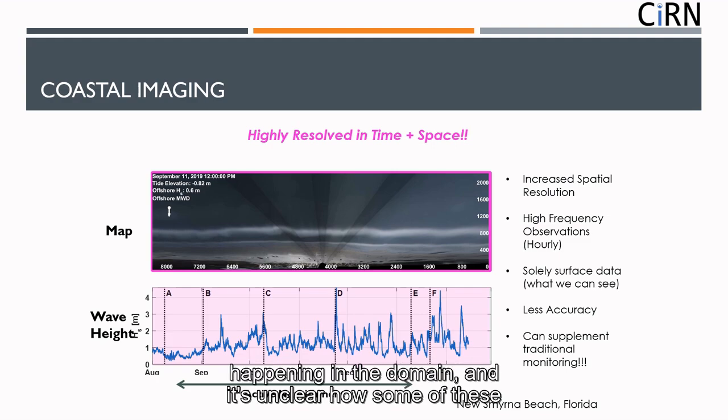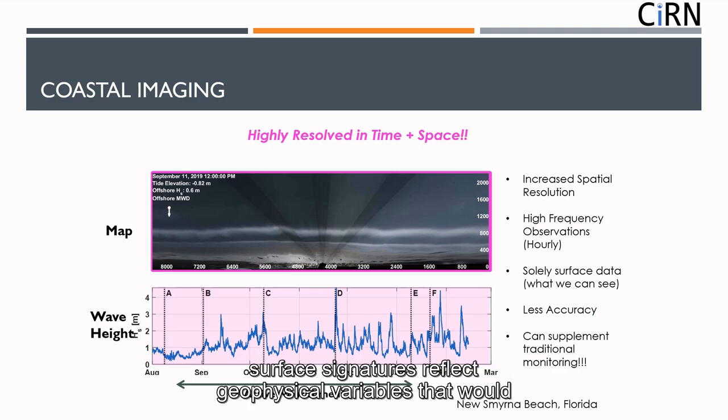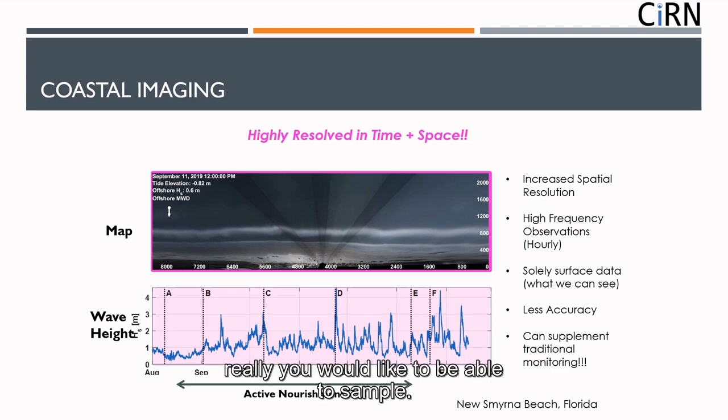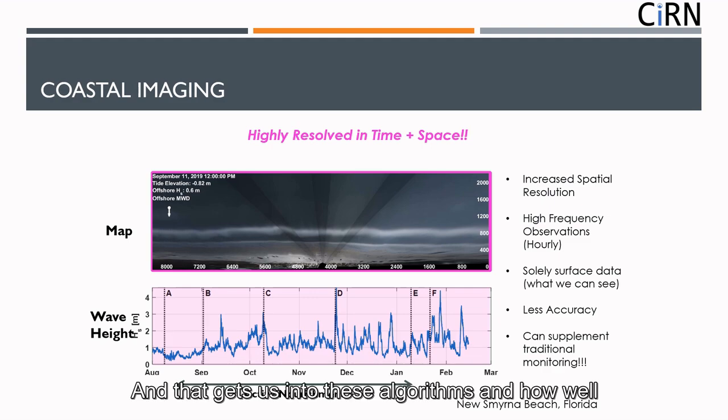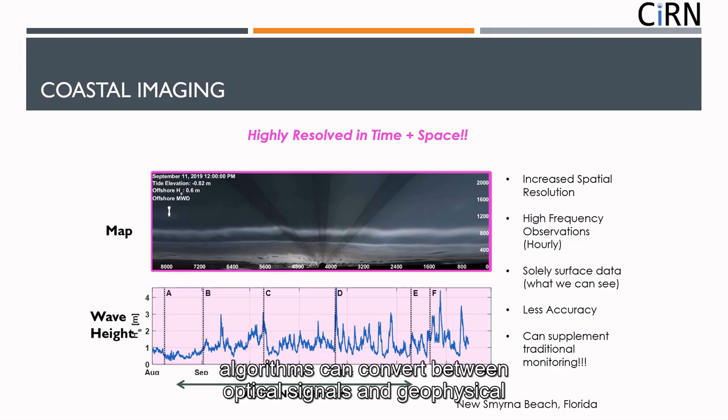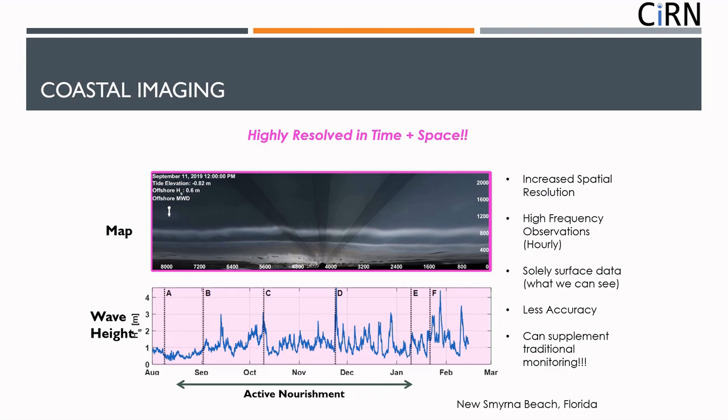And it's unclear how some of these surface signatures reflect geophysical variables that we would like to be able to sample. And that gets us into these algorithms and how well algorithms can convert between optical signals and geophysical variables. But there's no question that coastal imaging can be a powerful supplement to traditional monitoring techniques.